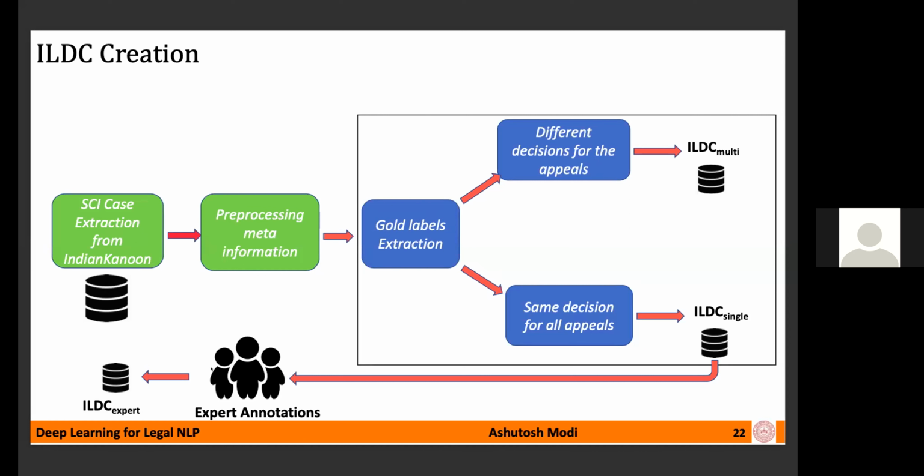Each document was annotated by 5 experts in isolation using the WebAnno framework, and annotators could assign ranks 1 to 10 to the sentences selected as explanation. A higher rank indicates more importance of that sentence towards the final judgment. This data set is called ILDC expert.